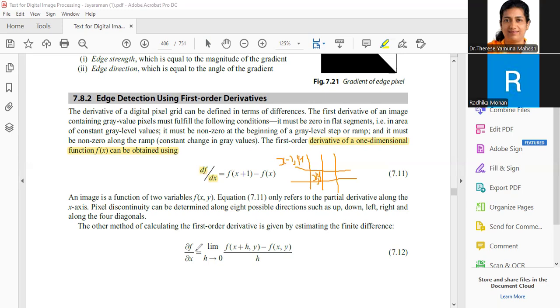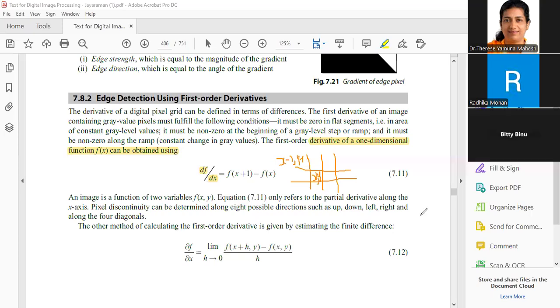There we write dou f by dou x equal to limit h tends to 0, f of x plus h comma y minus f of x comma y, by h. Here h is tending to 0. In the case of an image, we'll take the value of h as 1, because here we are traveling from one pixel to the next pixel.